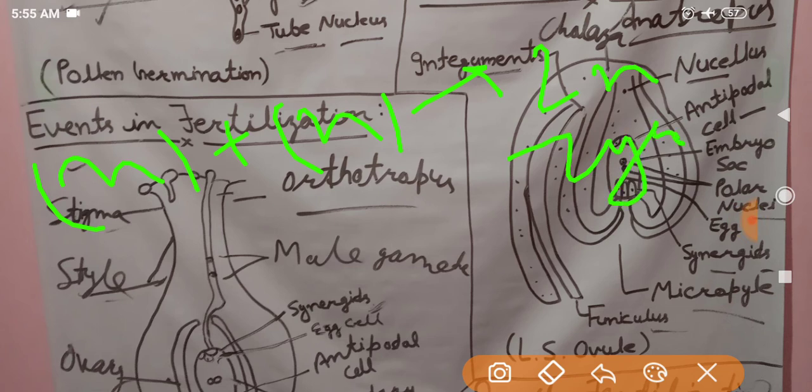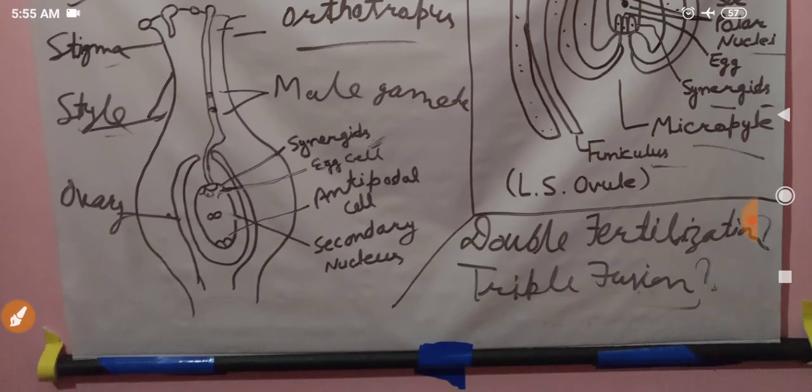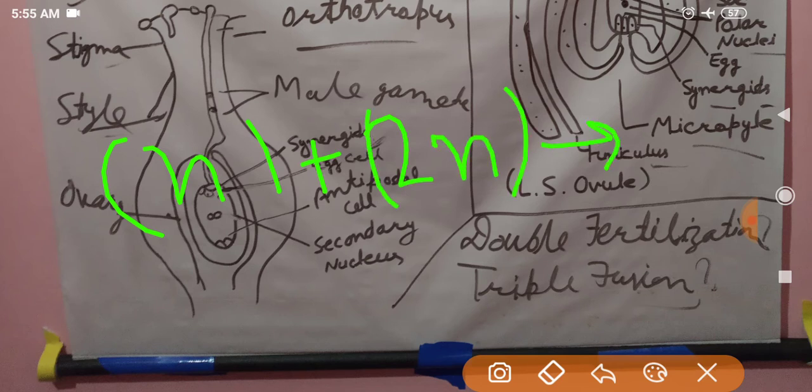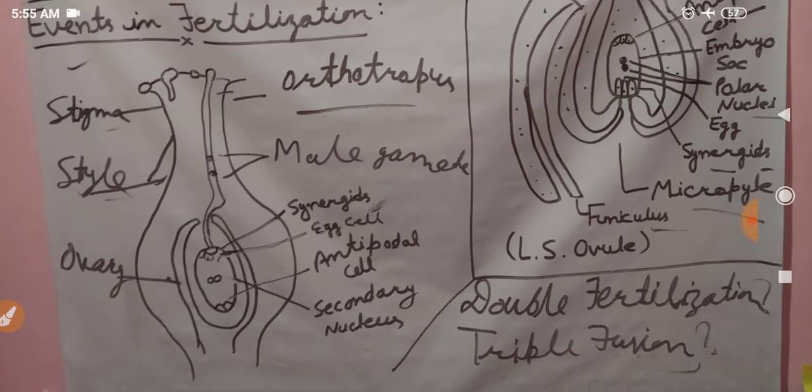This is the first fertilization. In the second fertilization, what happens? One male gamete fuses with the secondary nucleus, which is 2n, so it forms 3n, the structure known as the endosperm. That is why this is called double fertilization, a process in which fertilization takes place two times. The secondary nucleus, with its two polar nuclei, fuses with one male gamete.